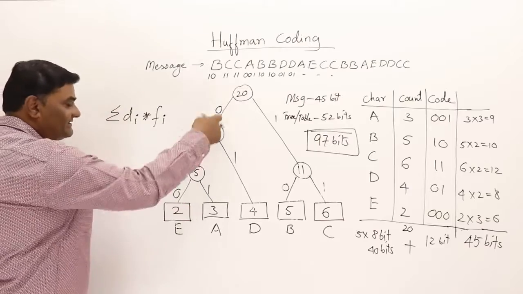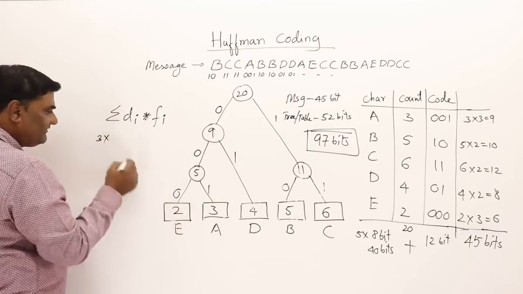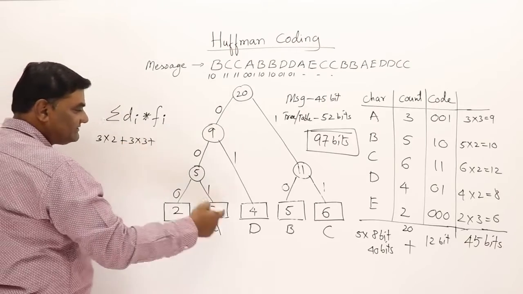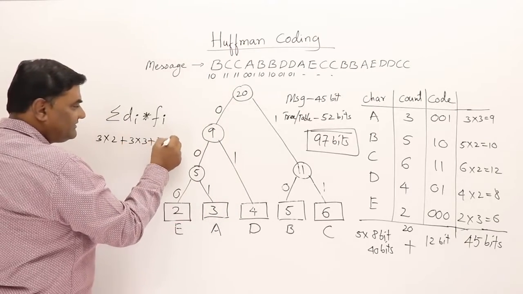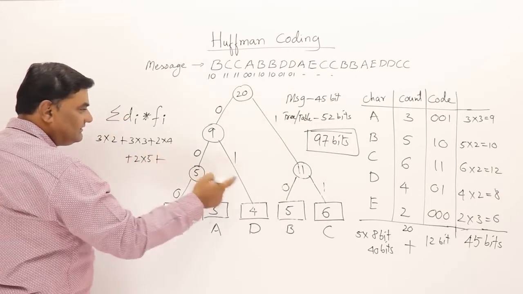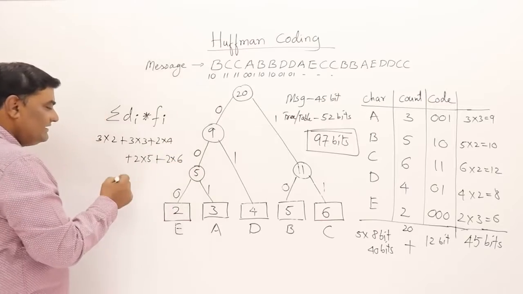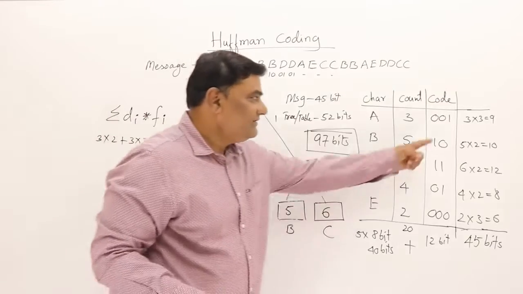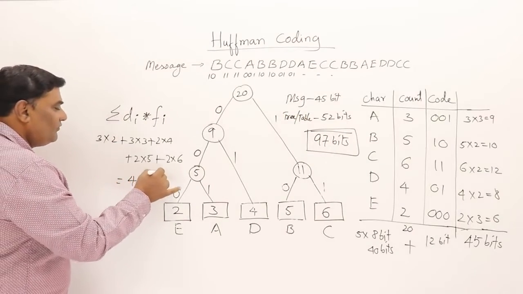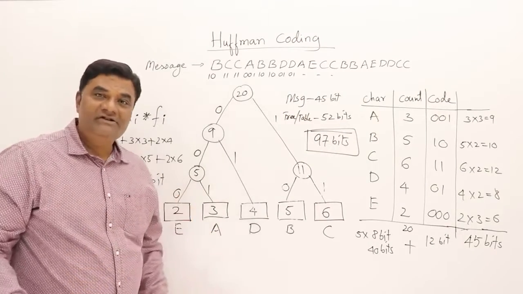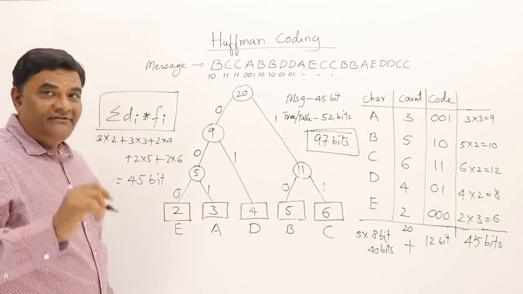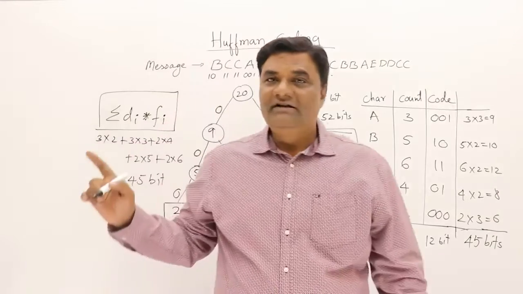Distance is 3 and frequency is 2, plus distance is 3 and frequency is 3, plus distance is 2 and frequency is 4, distance is 2, frequency 5, and distance is 2 and frequency is 6. This is nothing but the calculation that we got, and this will be 45 bits only. So if you want to know the size of the entire message from the tree also, you can find it by using this formula. If you refer to a video on the optimal merge pattern, you will find that the formula is defined.